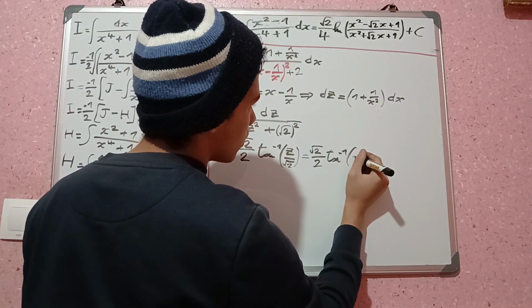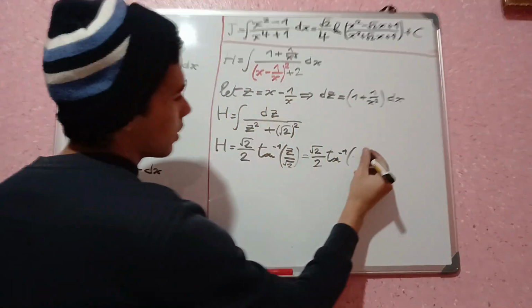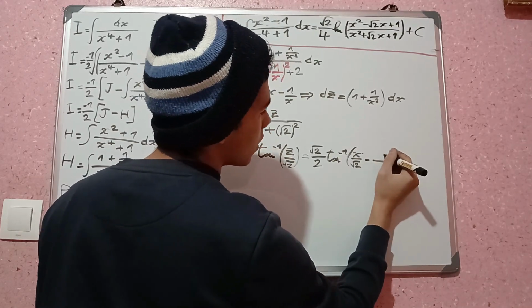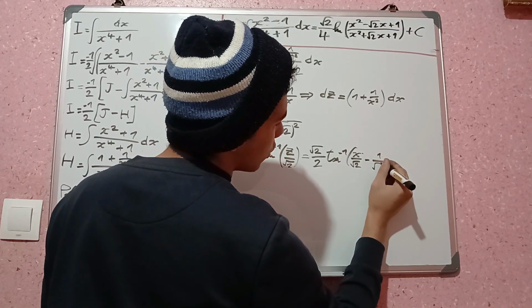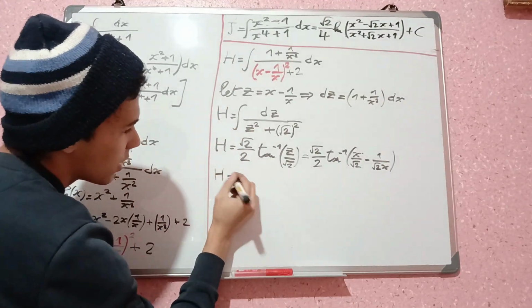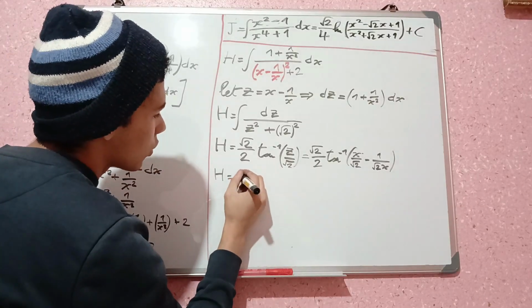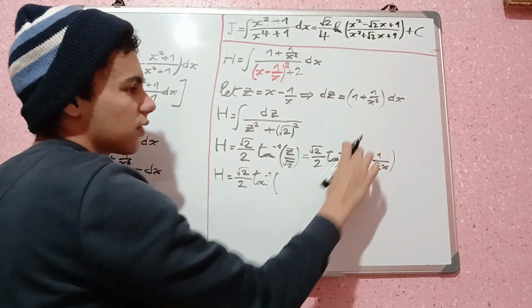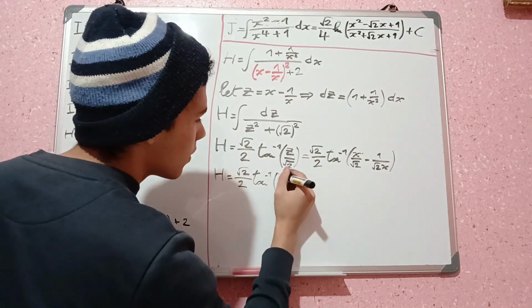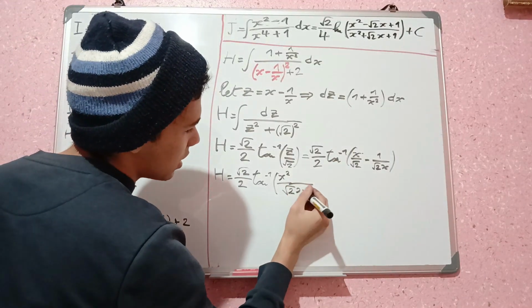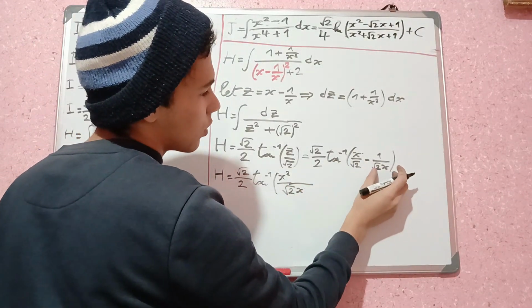So it's x over square root of 2 minus 1 over square root of 2x. So h will be equal to square root of 2 over 2 inverse tangent, multiplying the numerator and the denominator of this fraction by x. So we get x squared over square root of 2x, which is the same as the denominator of this.